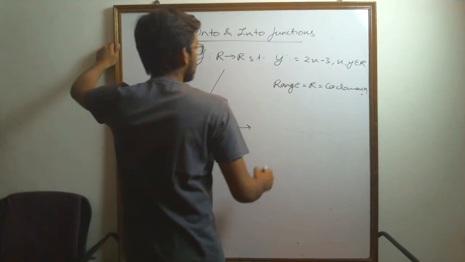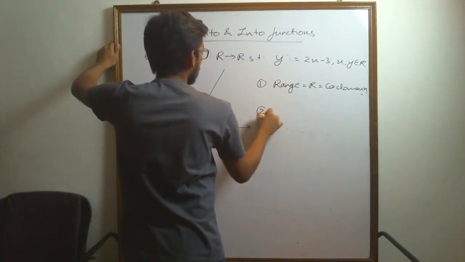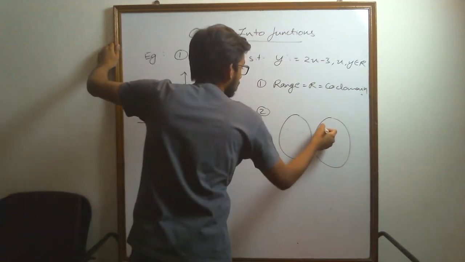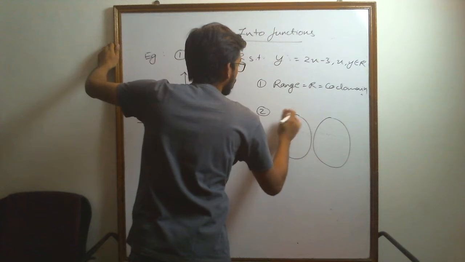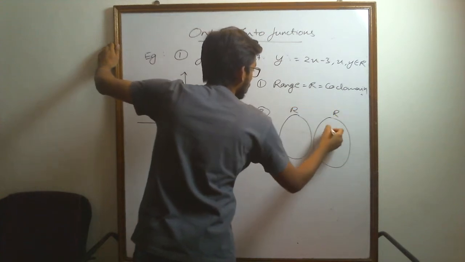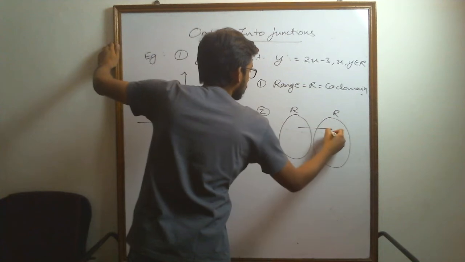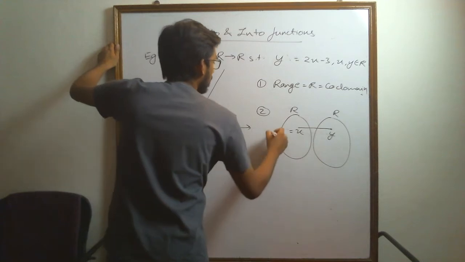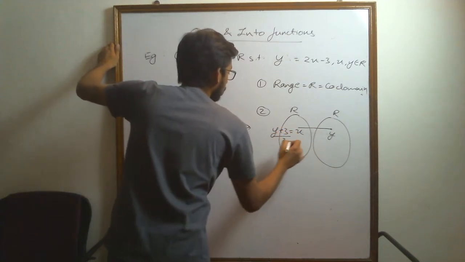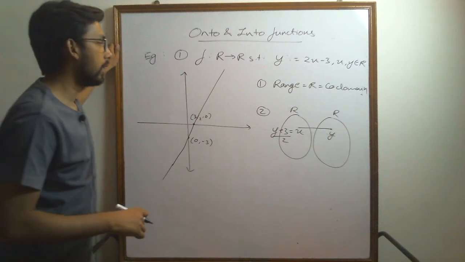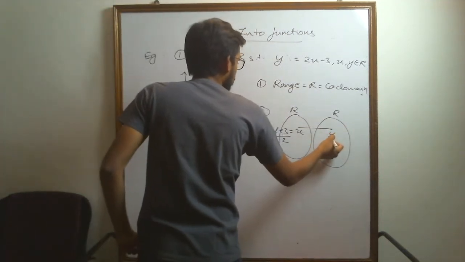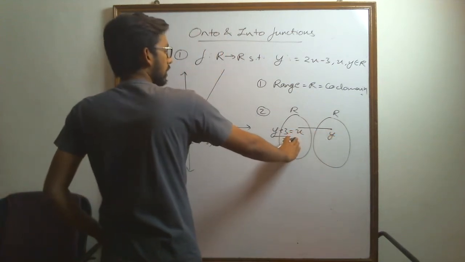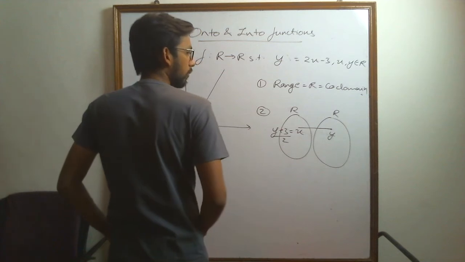Another way we can see this is by saying whether there is an element in the domain for every element in the codomain. This is y, this is x. Now x can be written as y plus 3 upon 2, right? Now if y is an element in the codomain, does it have a pre-image in the domain for every element y?